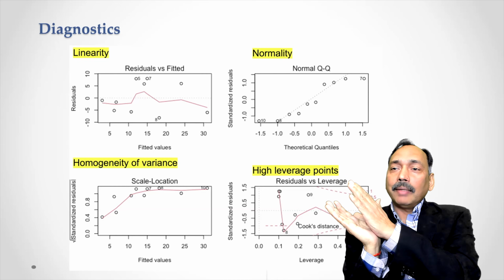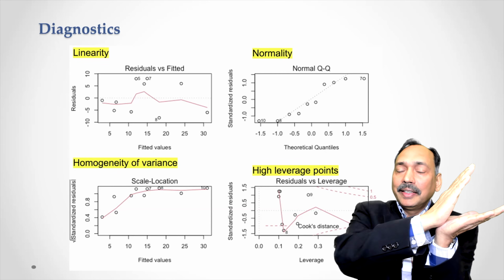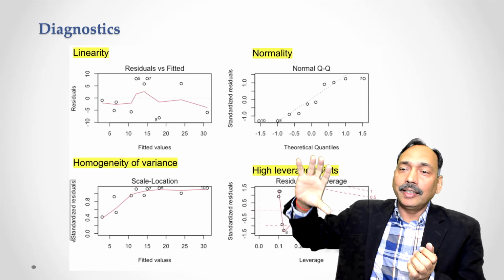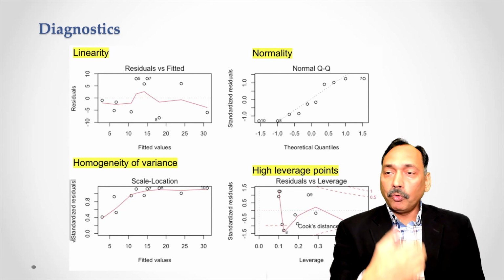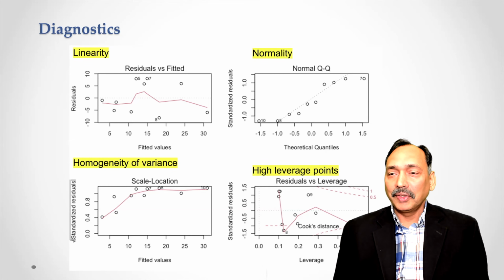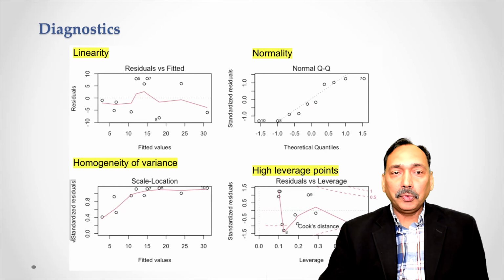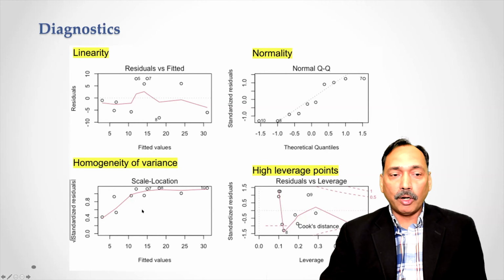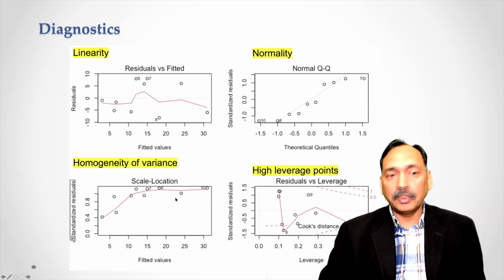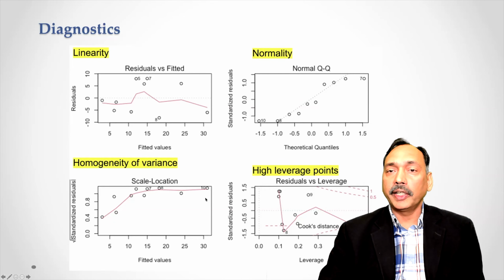But if you have something like a funnel shaped pattern, with very little variability in the beginning and then it keeps on increasing, that will be violating the assumption of homogeneity of variance. You can get it from this plot, and you can also get it from this plot if you see any obvious pattern. But right now there's no cause for concern here, so everything looks okay.